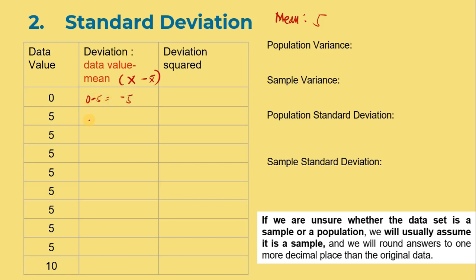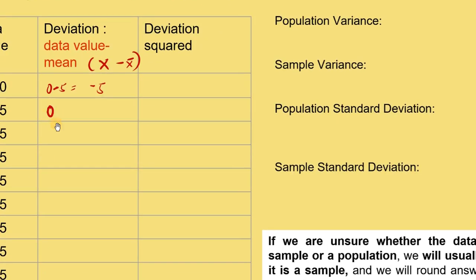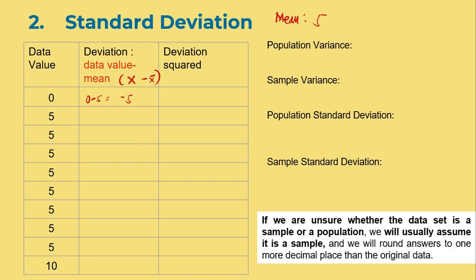Take note, it's negative. Then 5 minus 5 is 0, 5 minus 5 is 0, and so on.